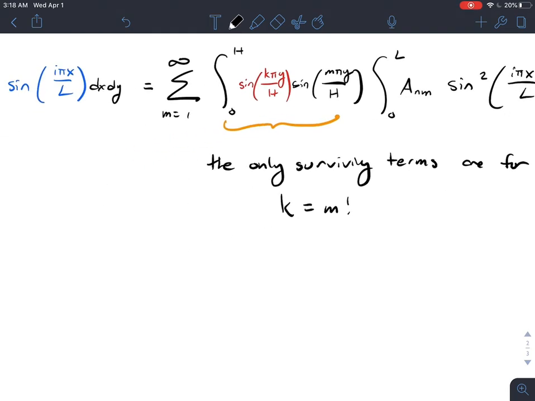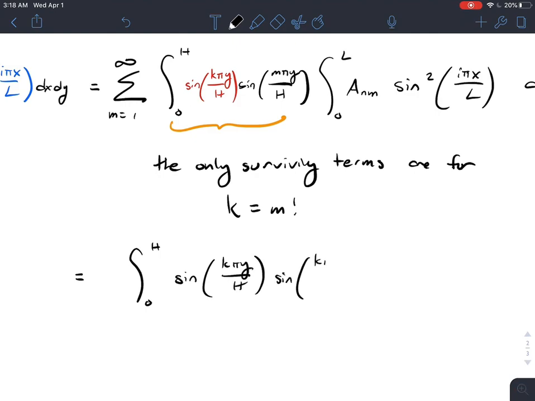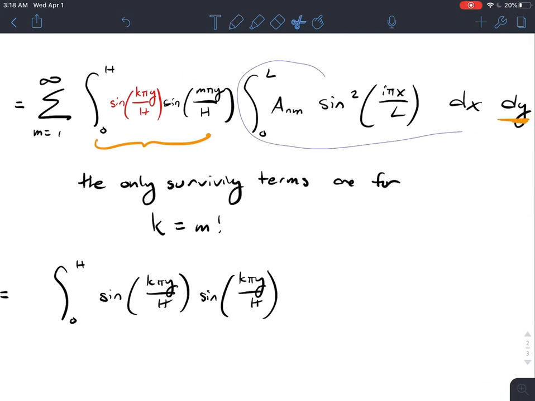So going with the same thing we did earlier, we can ignore the summation now because we're only looking at the term where k is equal to m. So k pi y over h sine k pi y over h, where everything else stays the same.